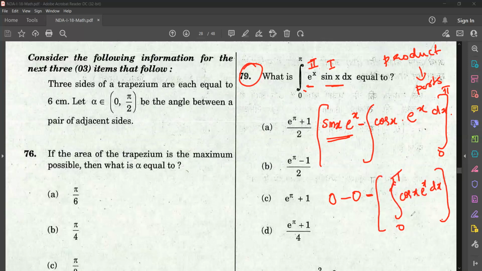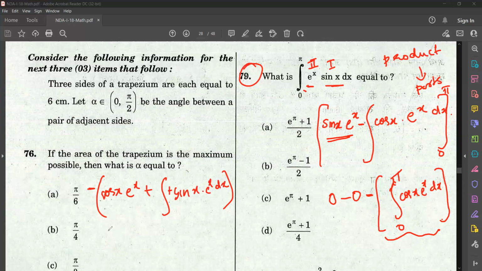Now apply parts here. For this section, apply parts. So we have a negative over here, 0 minus something. Then integrate first function into integral of the second function, minus integral of derivative of the first function into integral of the second function dx.